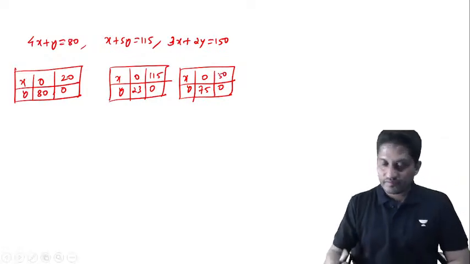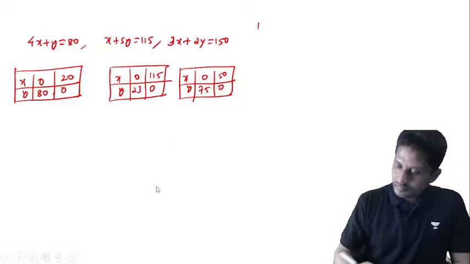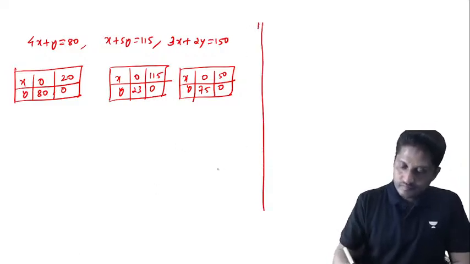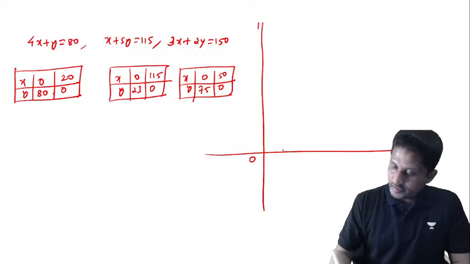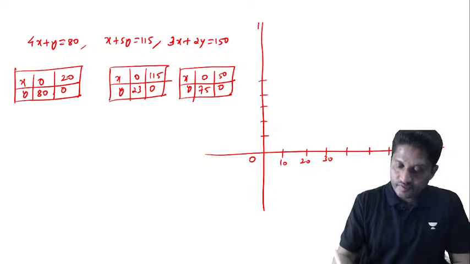Now if I plot the graph for this, 10, 20, 30, 40, 50, 60, 70, 80. So this is 75, 75 comma 0, and this is 0 comma 50.